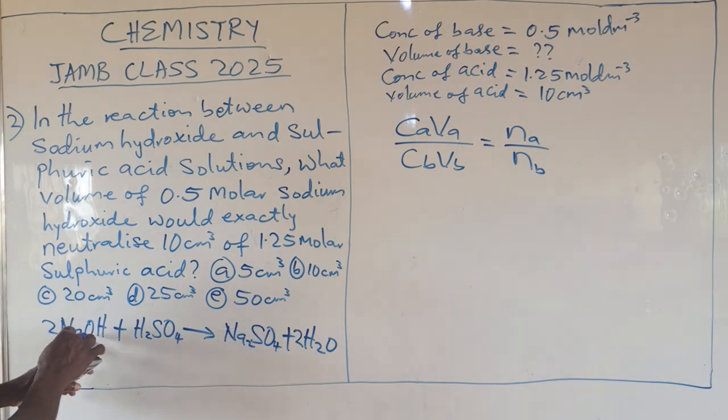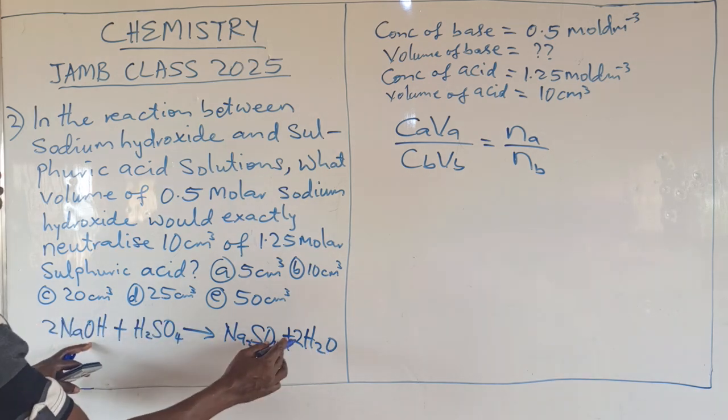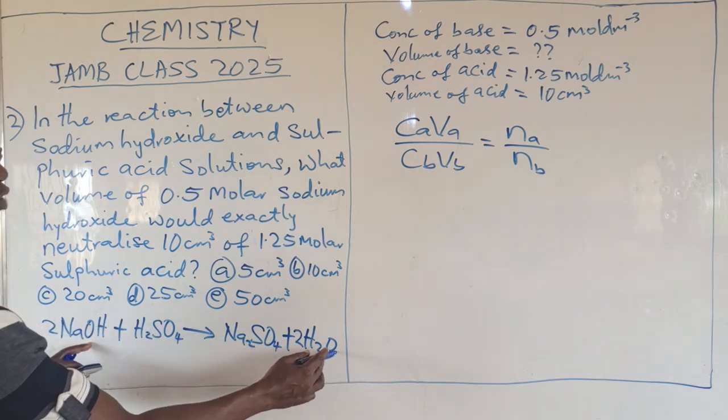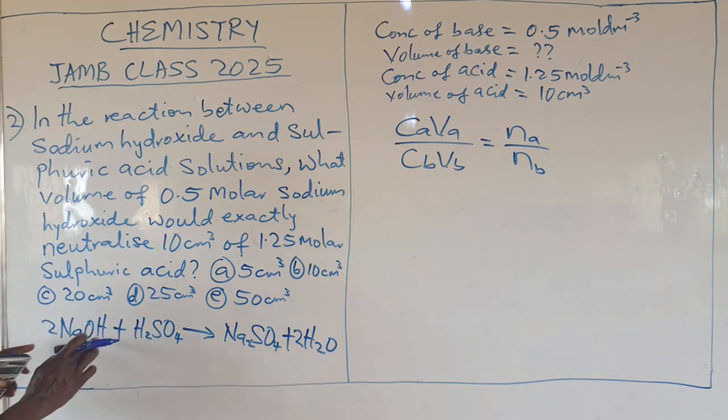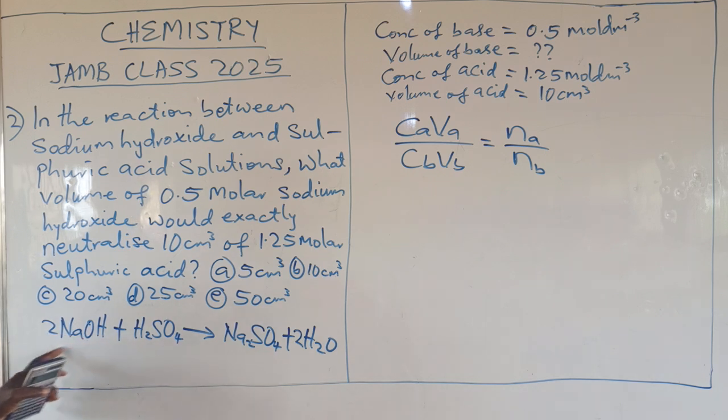So oxygen left here, not talking about the one here, is 2. Here now is 2. There's 1 here, multiplied by this 2, it gives you 2. Then hydrogen from here is 2. Anything in front covers everything here, so hydrogen is also 2.